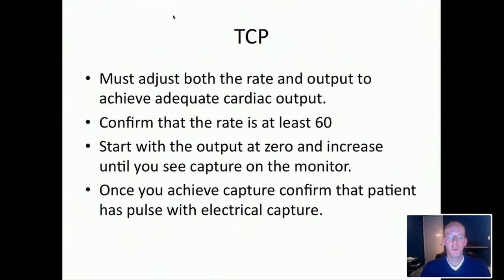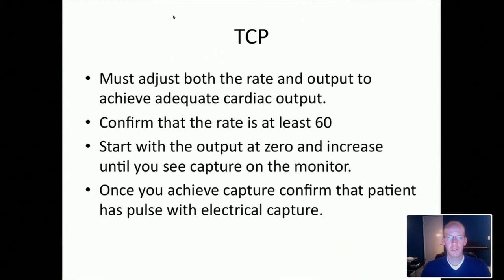It's important to know how to adjust both, because if the rate is set to 0, no matter how much output you put in, you're not going to get capture. Conversely, if the rate is set appropriately to 60 or 70 and you never turn on the output, you're not going to get capture. Both need to be modified depending on the preset settings of the pacer.